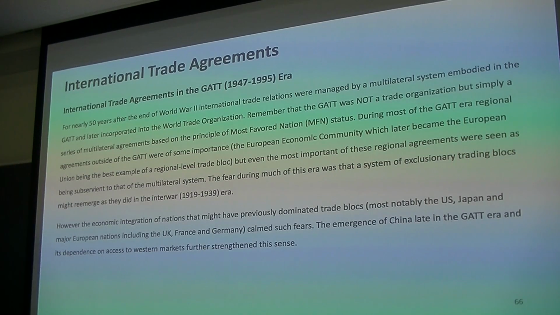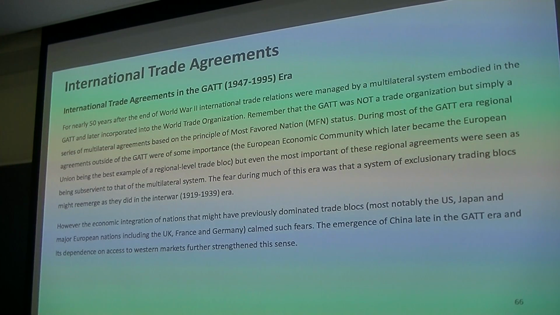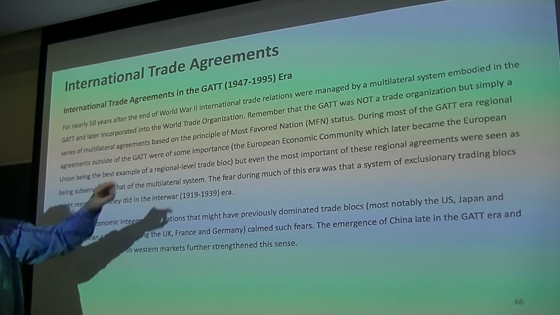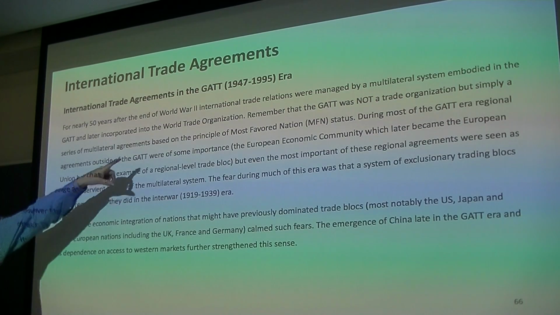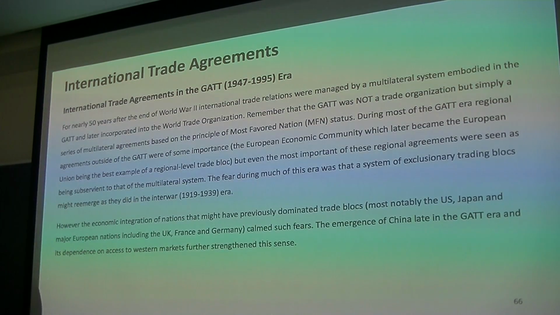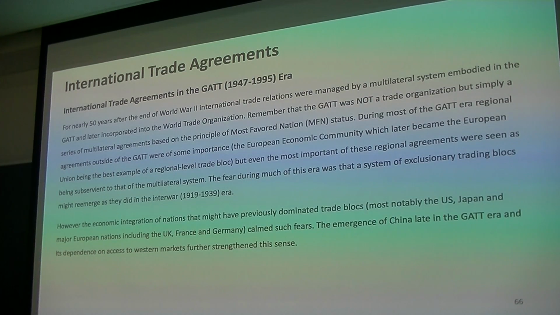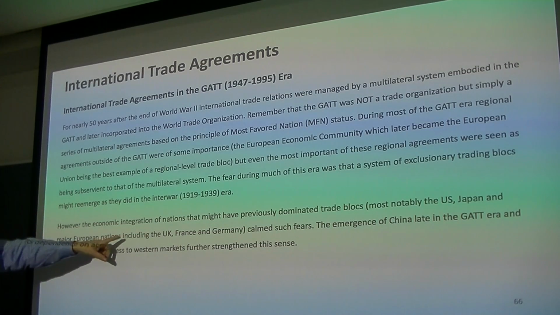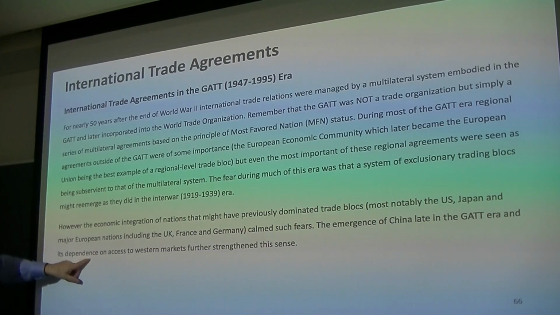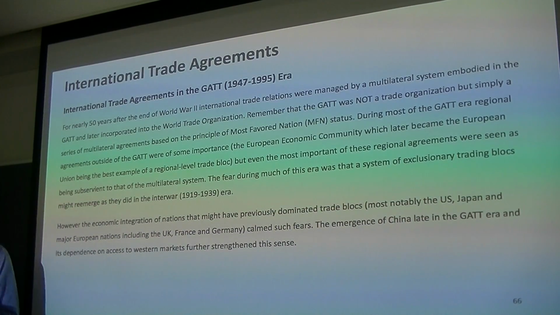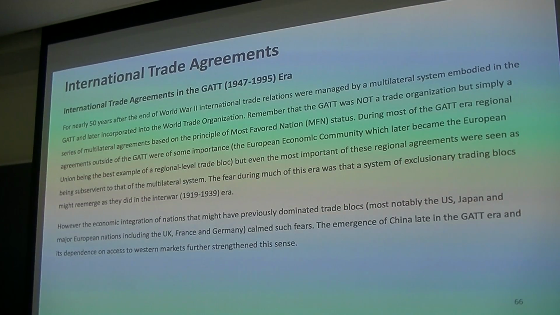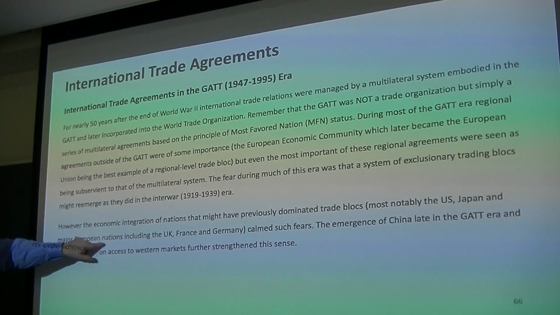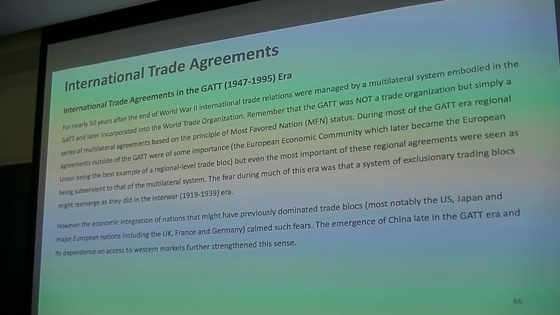But now, as you got towards the end of this era, of course, with the emergence of China in the 1980s, and particularly in the early 1990s, this era really came to an end, as China became dependent on access to Western markets and wanted to be part of GATT.